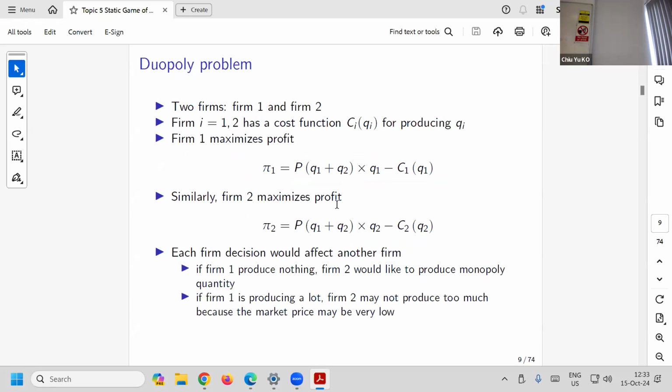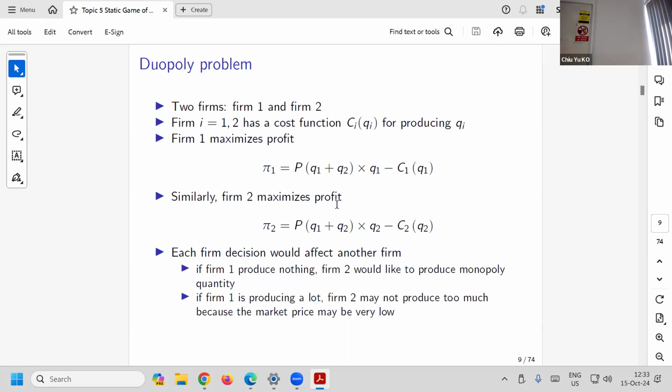So obviously, if the other firm is not producing anything, you should produce the monopoly quantity. If the other guy is already producing a lot, probably you don't want to produce that much, because the price is so low that if you produce at the monopoly level, it's not going to work.